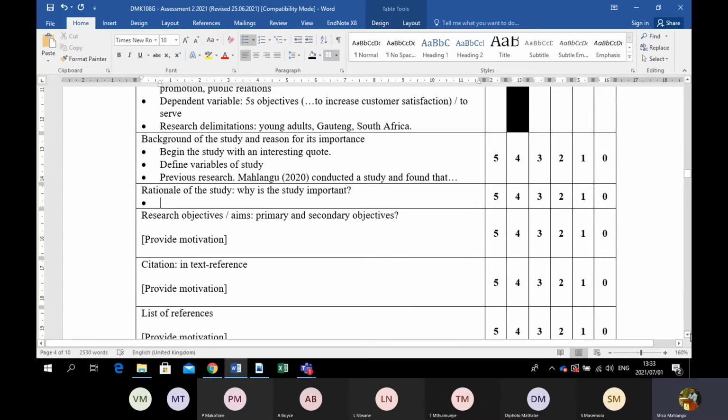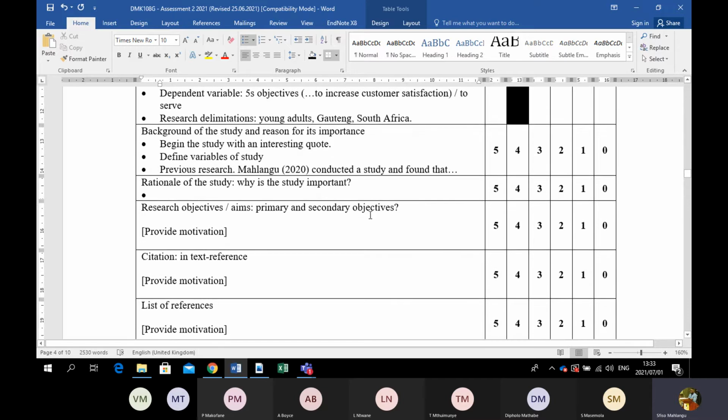Under rationale of the study, there are a couple of things that we look into. This is about why the study is important. So we look most of the time for things such as the figures, which are numbers.